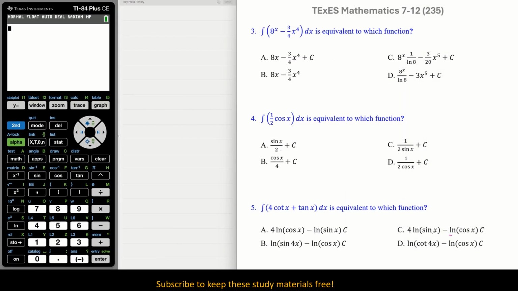Number 3. Again, we have the same situation. We have a function to integrate, and it asks us which is the equivalent function. Okay, well, term by term again. The first term is 8 to the x power, the power of x.